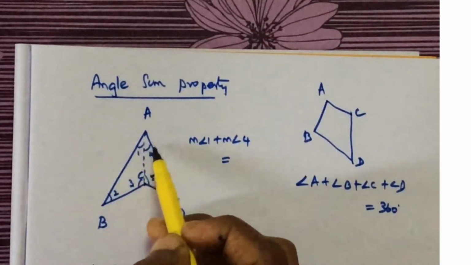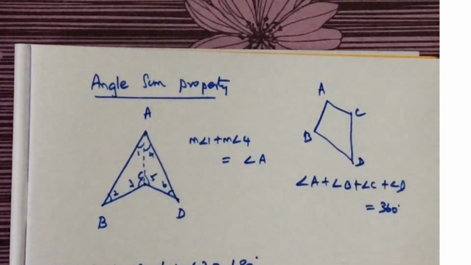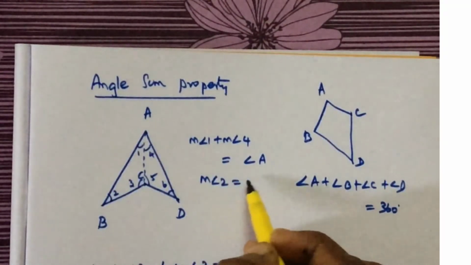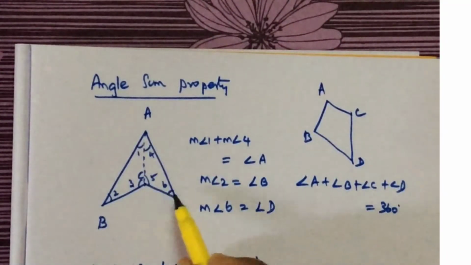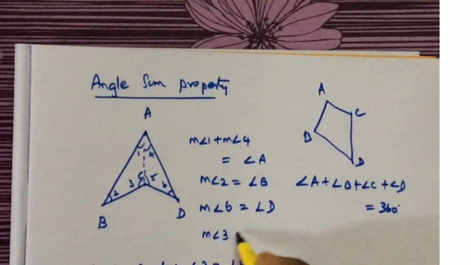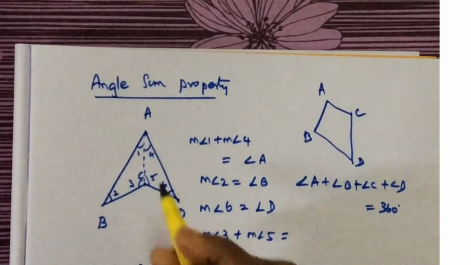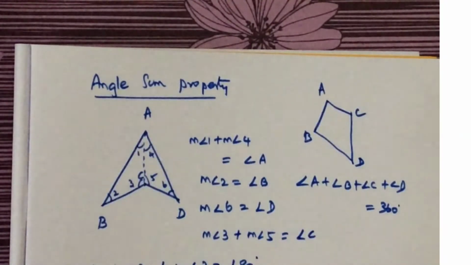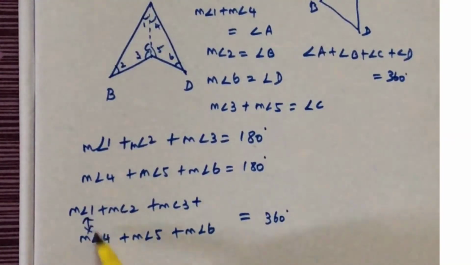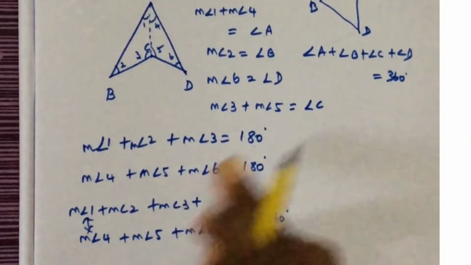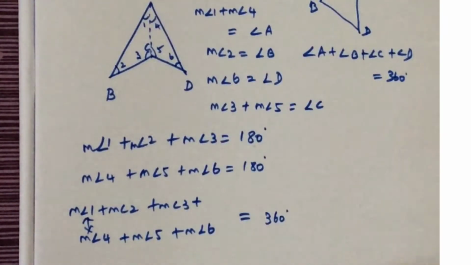If you add 1 and 4 together, it is equal to angle A. The measure of angle 2 is angle B. The measure of angle 6 is angle D, and the measure of angle 3 plus the measure of angle 5 together give angle C. Now we substitute: angle 1 and angle 4 together is angle A, plus angle B instead of angle 2, plus angle C instead of angles 3 and 5 together, plus angle D instead of angle 6.